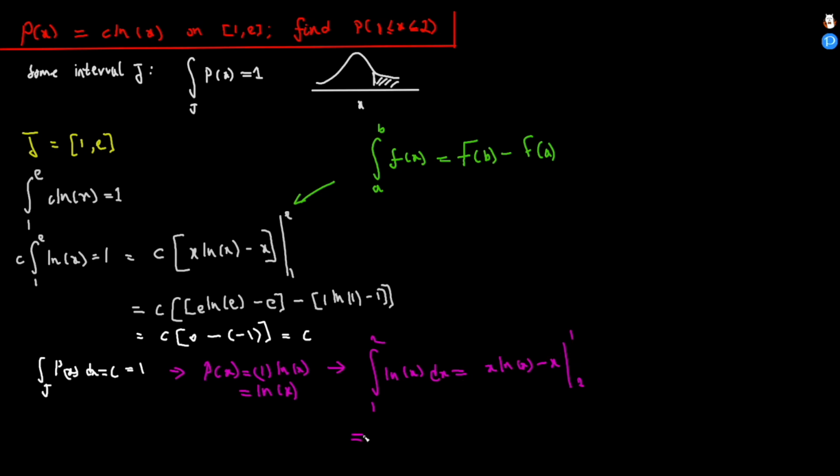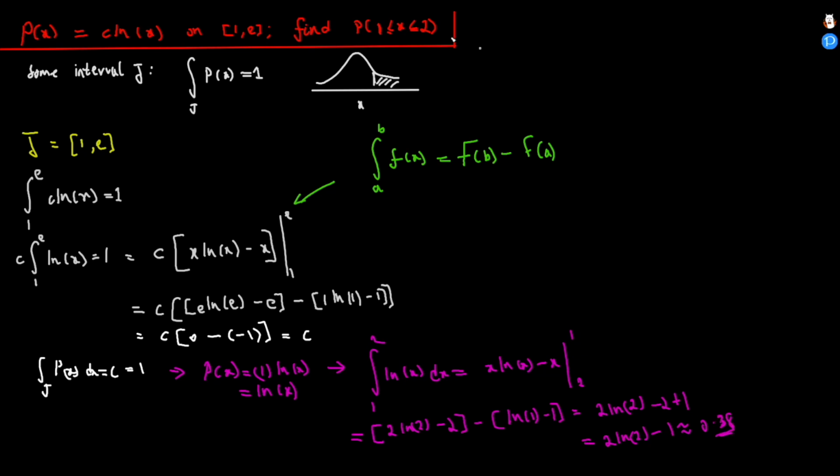That is 2 ln of 2 minus 2, minus ln of 1 minus 1, which equals 2 ln of 2 minus 2 plus 1, which is 2 ln 2 minus 1, approximately 0.38. Okay, so that's the answer.